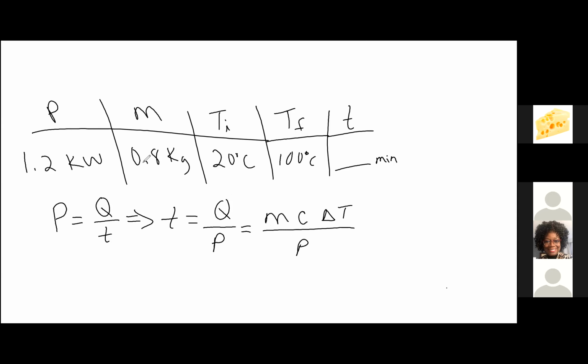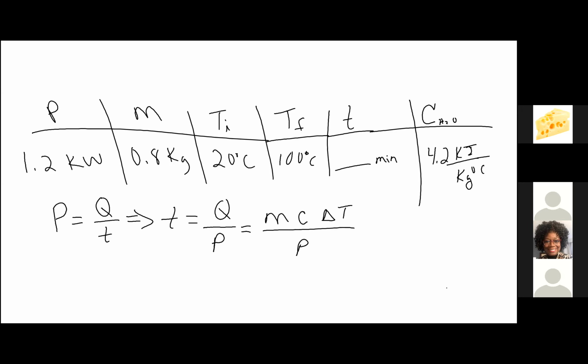Now, what is m? m is the mass. What is c? Well, we're heating up water. So therefore, we can write down the specific heat capacity for water, H2O. And that's the one I want you to learn. For me, you can just round it up to 4.2 kilojoules per kilogram degree Celsius.